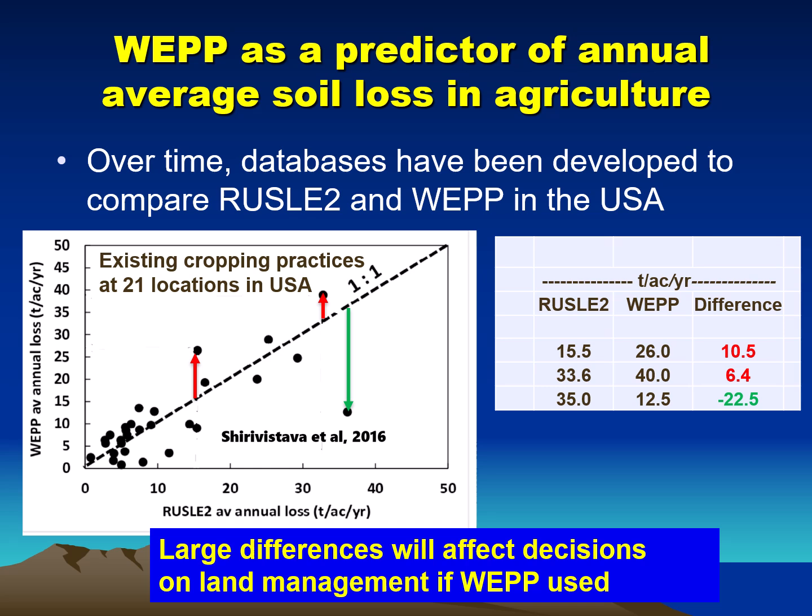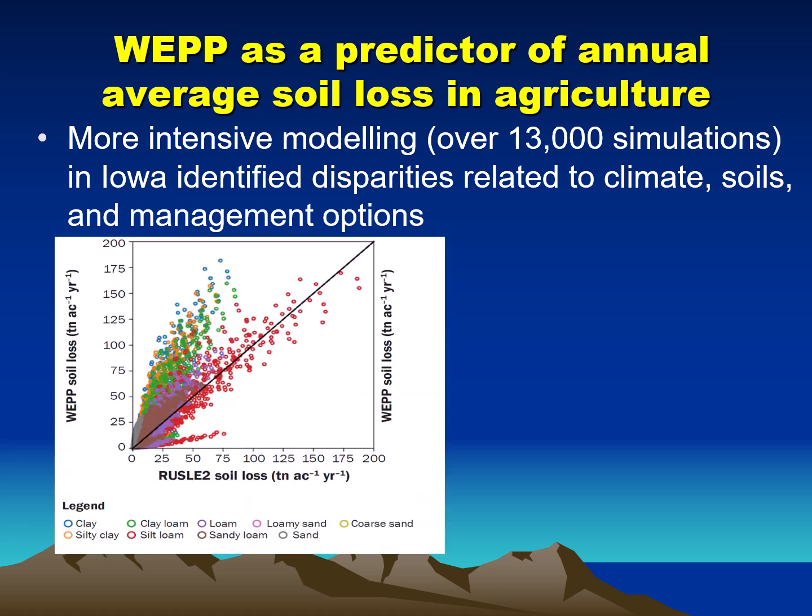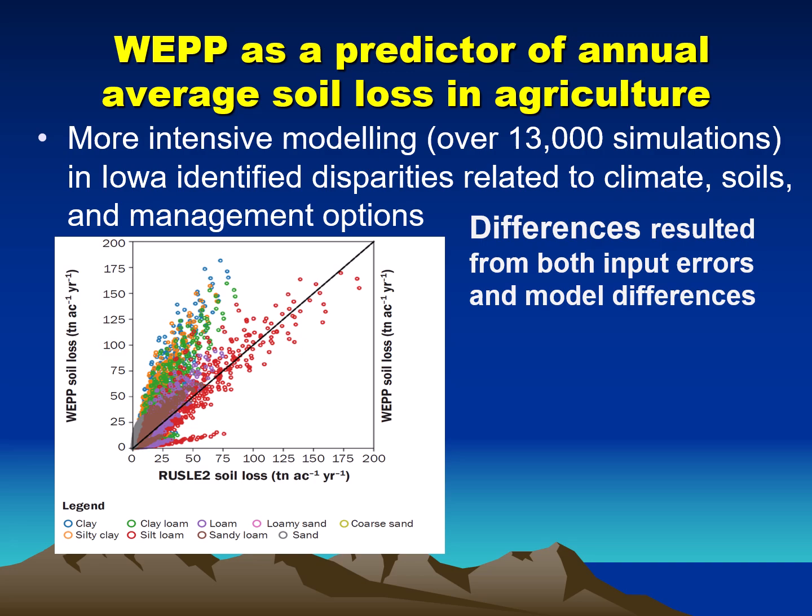So the red ones will indicate people would be told to reduce using those ones, and the green ones would encourage them. More intensive modelling in Iowa recently showed disparities related to climate, soils and management options, and this shows the disparities related to soils. Differences result from both input and model differences in this case.